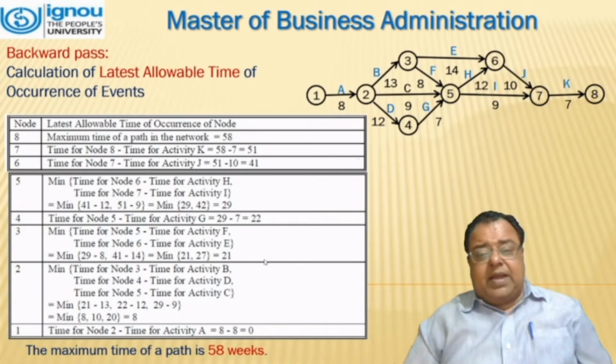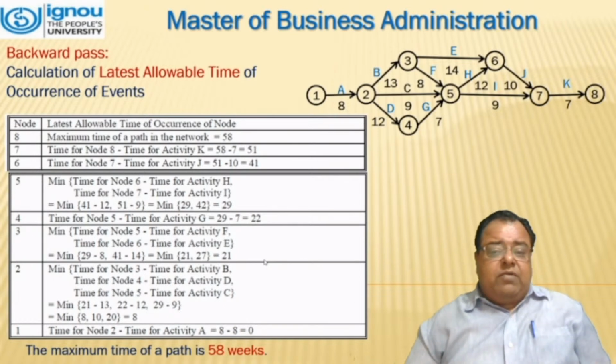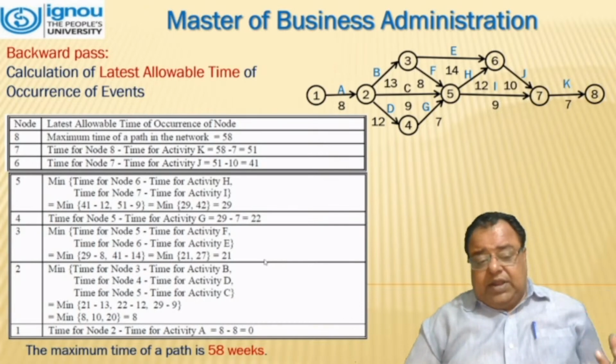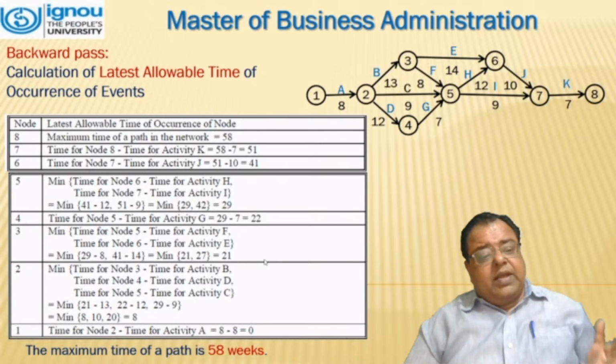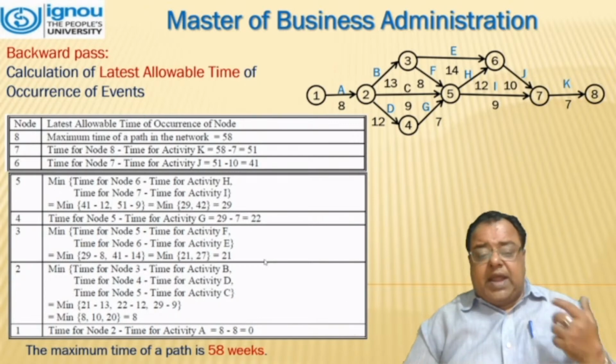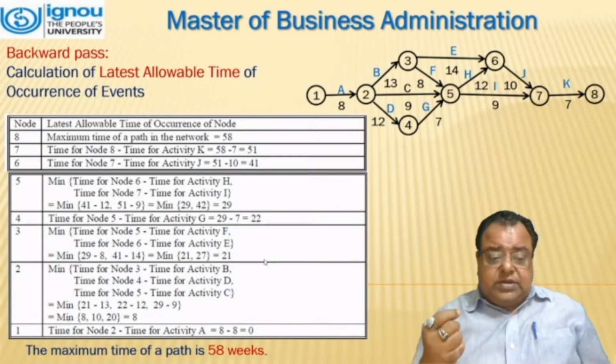Now, moving back, at node 2, we have three activities being performed, 3, 5, 4. For that, we have to see what was the time for node 3, it was 21. The activity time of B is 13. Time for node 4 is 22, and time for activity D is 12.